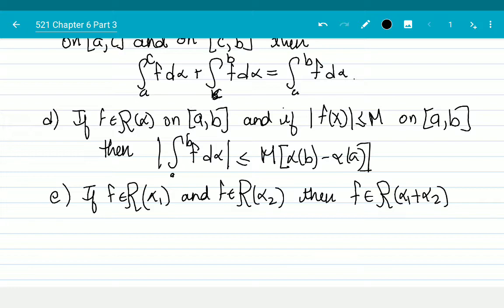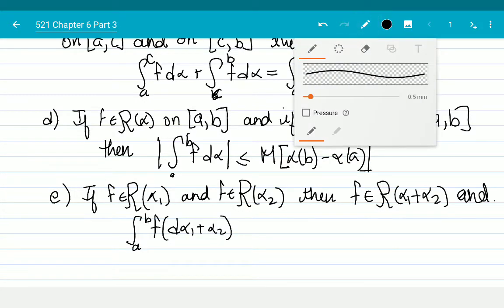Okay? And the integral from a to b of f d(alpha 1 plus alpha 2). Oops, put the brackets in the wrong place.